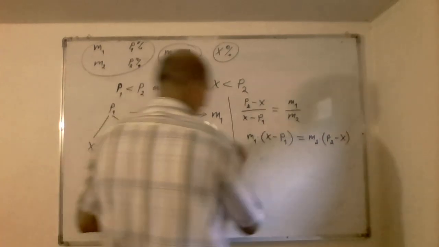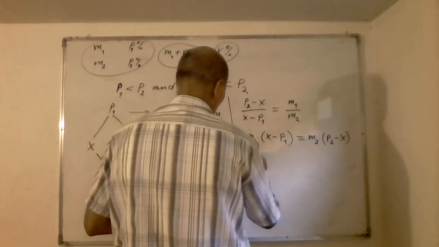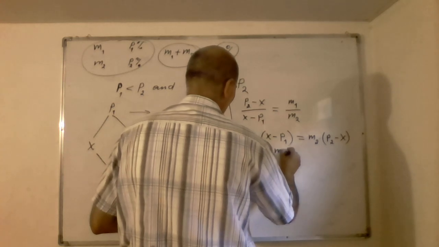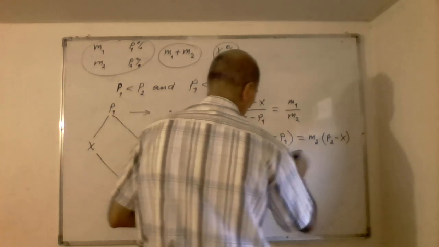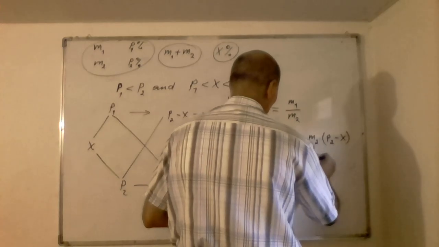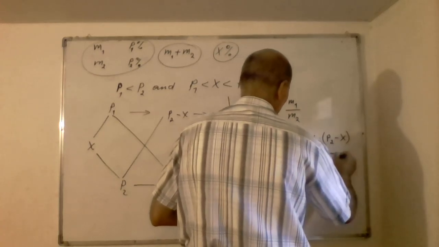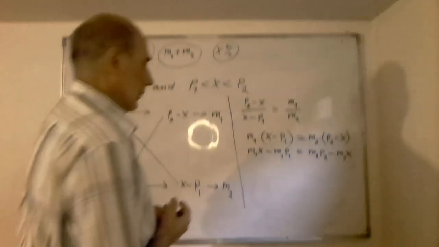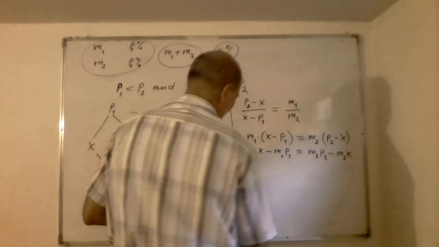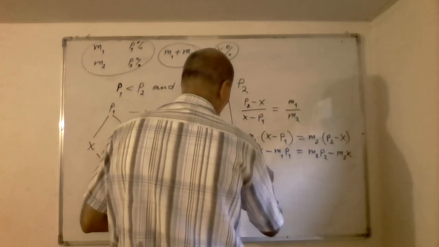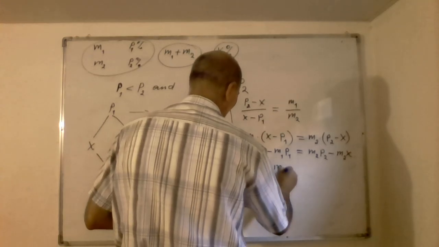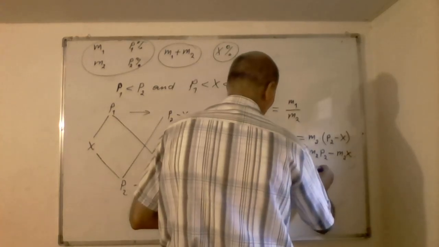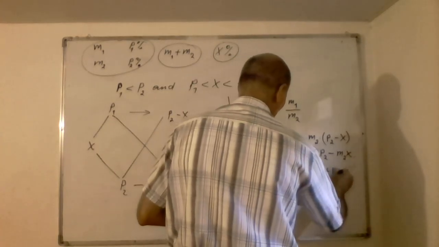From this equation we can write M1X minus M1 times P1 equals M2 times P2 minus M2 times X. And this equation yields M1X plus M2X equals M1P1 plus M2P2.